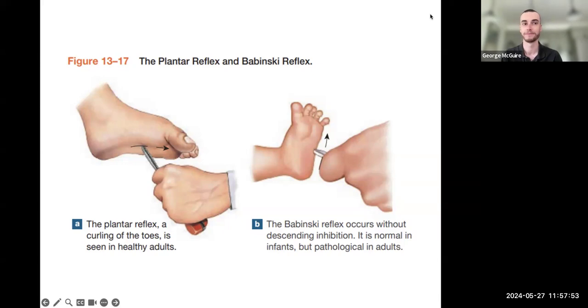So hopefully that stuff will come together even better as we start introducing the sensory and motor pathways and get a better understanding of our autonomic nervous system as well.